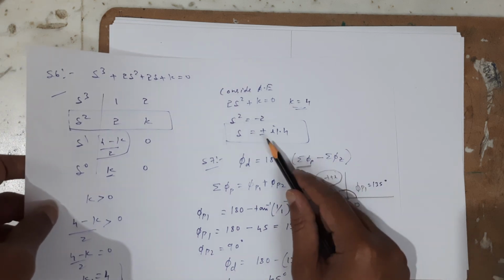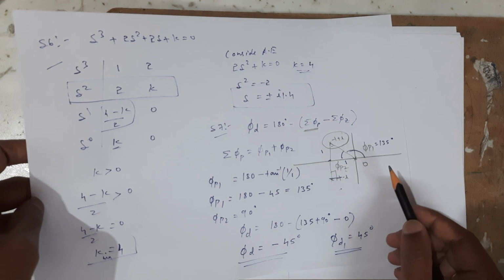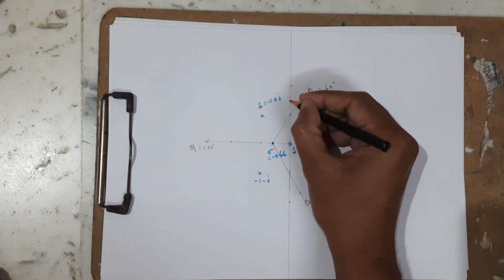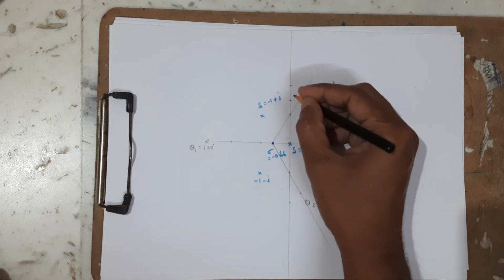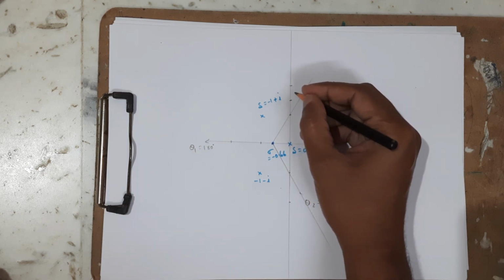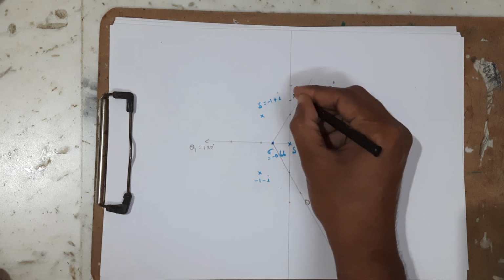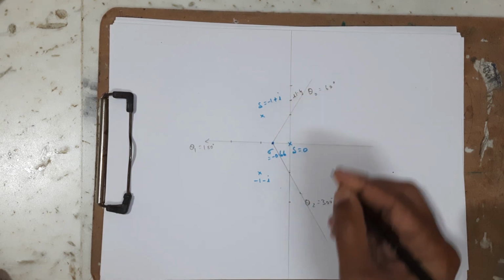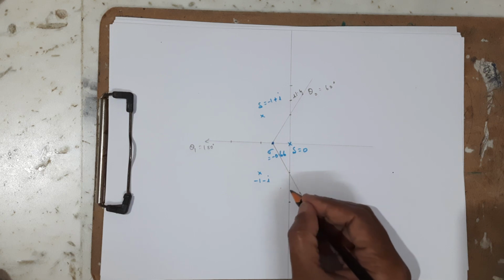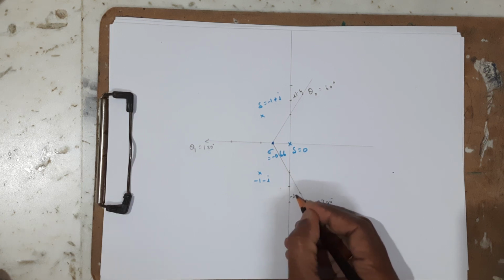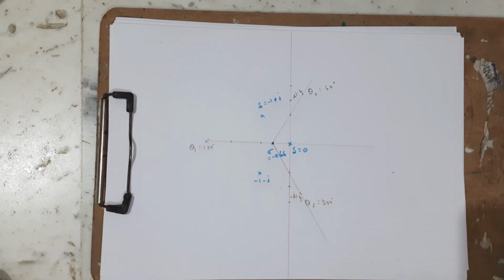Plus 1.4 j and minus 1.4 j. So somewhere here is the intersection of the root locus with the imaginary axis, that is j1.4 here, and somewhere here, minus j1.4.